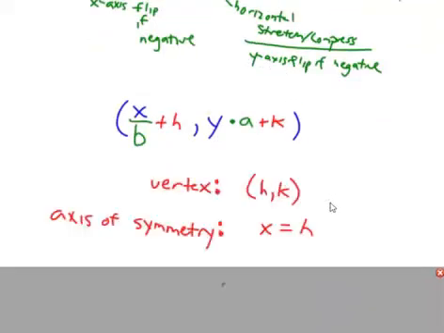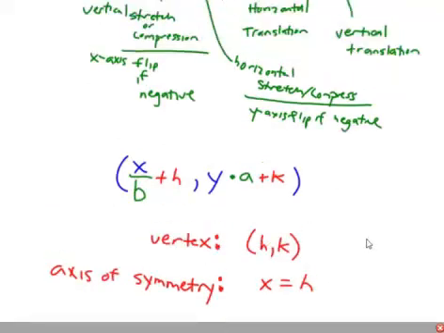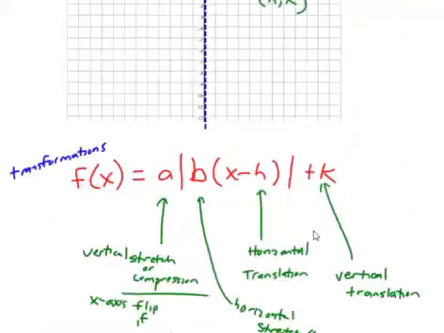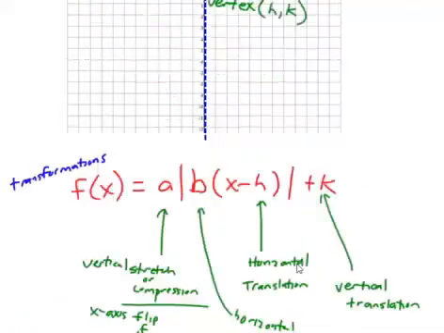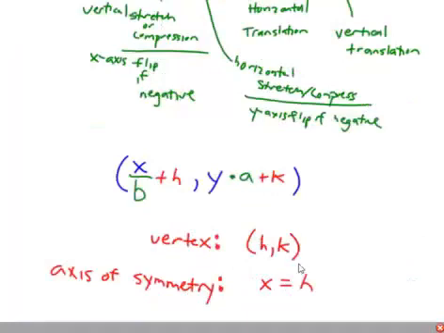In this particular case, h and k are also significant because the values of h and k are where you're going to see a vertex. The vertex is where the absolute value function changes direction, and that's always going to be located at h comma k. And absolute value happens to be symmetrical. It has vertical symmetry.